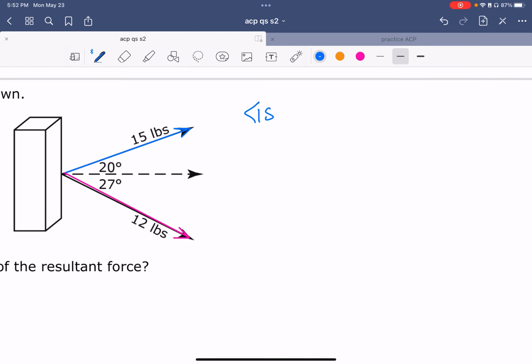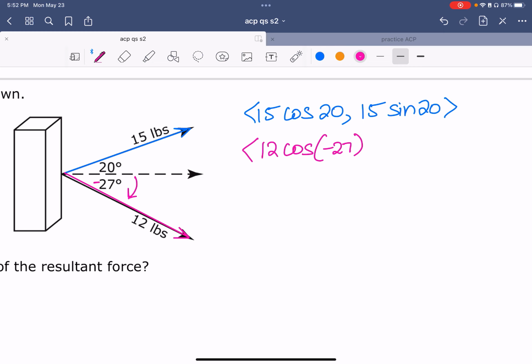So we got the magnitude of the angle, and you switch cosine and sine, and then you do the same thing for the second vector. Now again, we're going down 27 degrees, so this has to be a negative angle. Don't forget the negative if you're going down instead of up. Okay, and then we're gonna add them up. So you're gonna add the cosines, you're gonna add the sines, and you're gonna get the resultant vector.